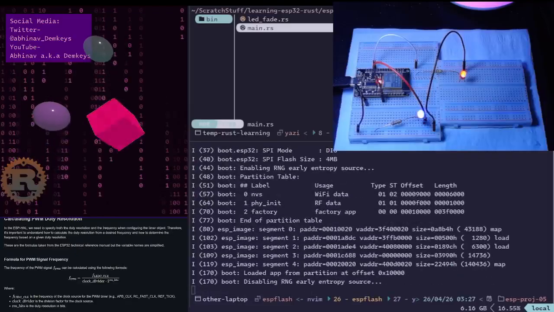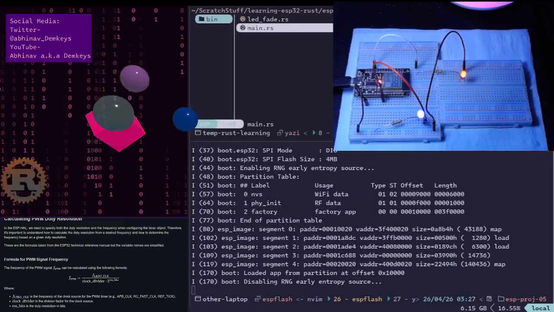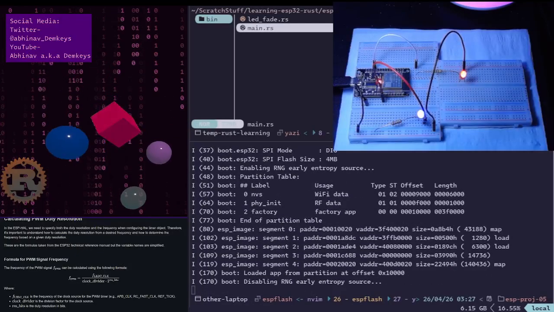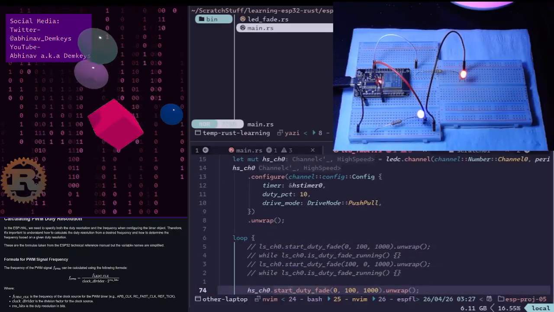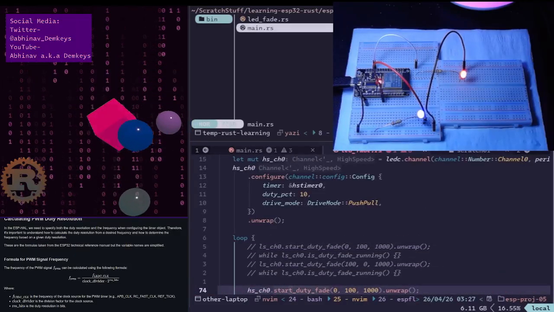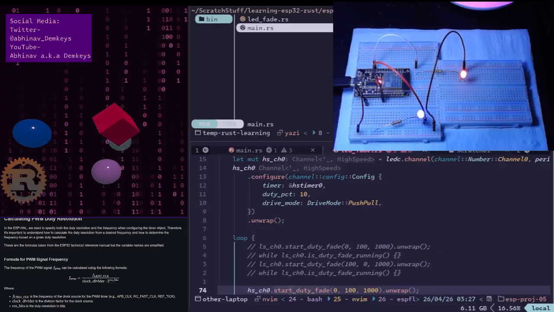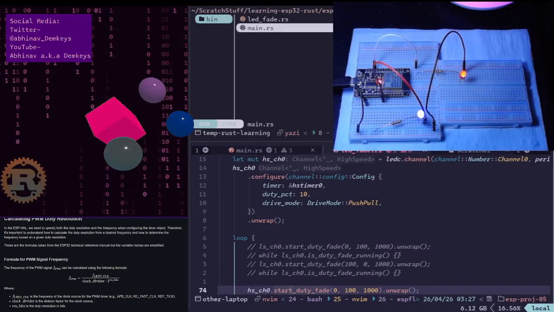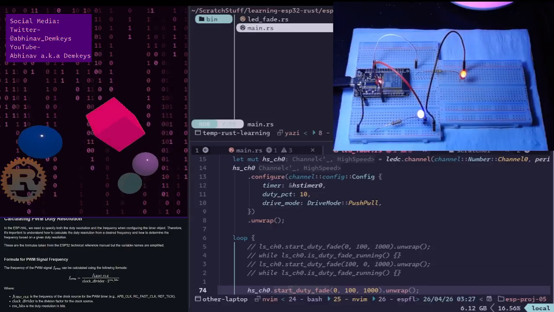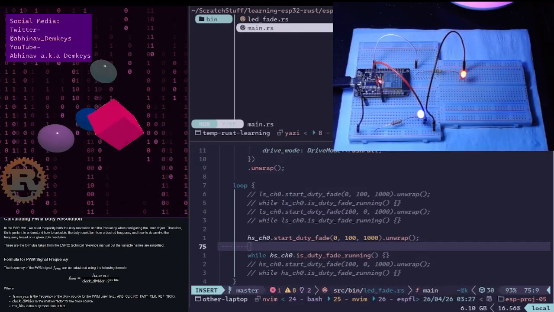Yeah, that's what happens. So what I would like to understand is what exactly is going on here, because we do this thing, start duty fade, and I'm assuming what we are saying is that we want a fade effect. Hold on, is fade the only function that we have here?